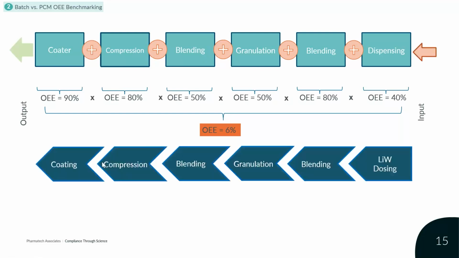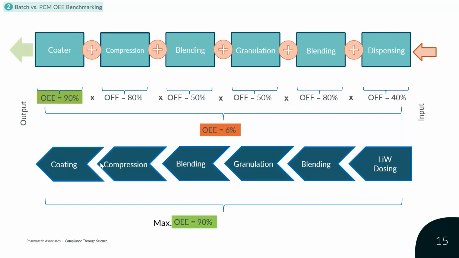Comparing this now with the continuous system, and that's the thing, as these unit operations work together at the same time, they will follow either the one with the highest OEE in the best case or the lowest. But in both cases, you see as this process goes on at the same time and together, you have a higher OEE.